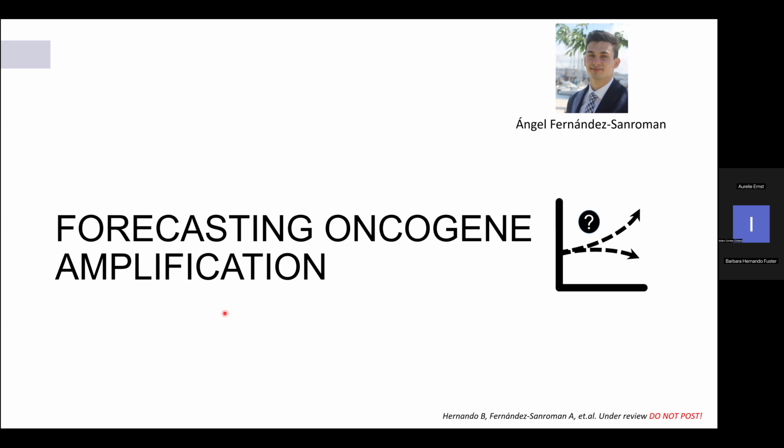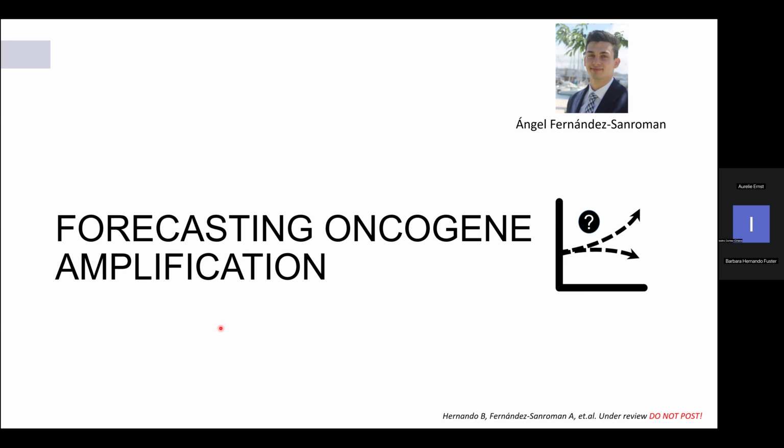We can use these mechanistic insights to predict treatment response. And now the next thing that we thought is that maybe if we can dissect those mutational processes that are active in a tumor and are driving the accumulation of more and more copy number alterations, we can use this information to forecast tumor evolution.